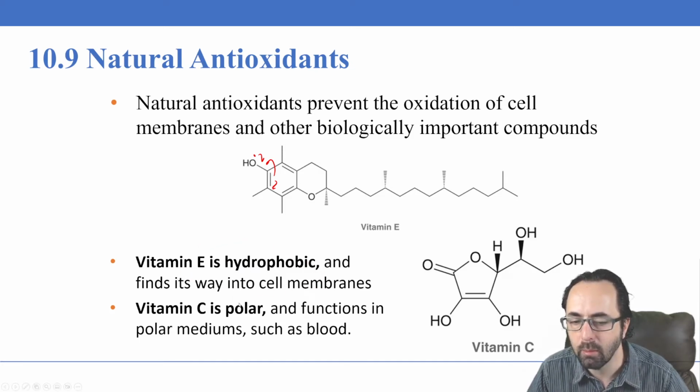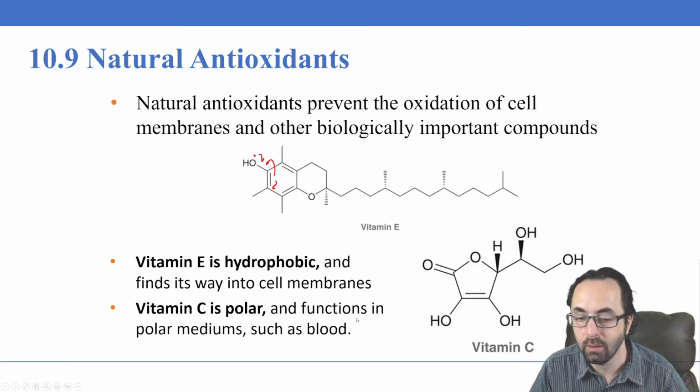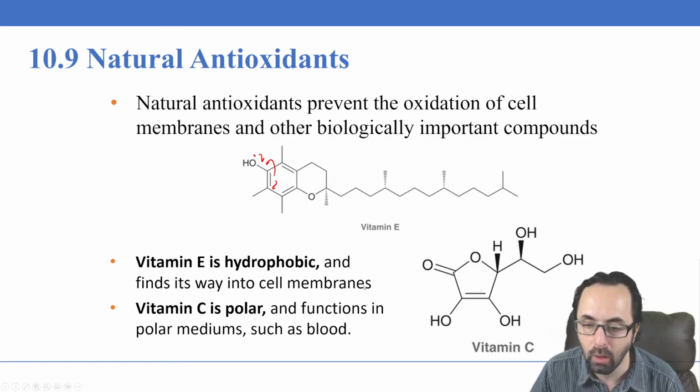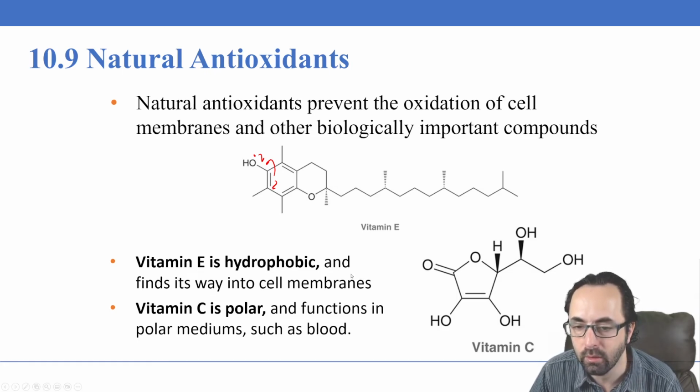Vitamin C is different, because vitamin E doesn't dissolve very well in water. Look at this huge nonpolar region. It's got a little bit of polarity here, but not much. Vitamin C is much more polar. Look at all this hydrogen bonding that it can do. And so it is the polar antioxidant that exists in your water contents, such as your blood and the interiors of your cells.